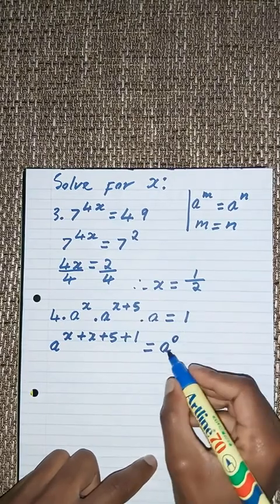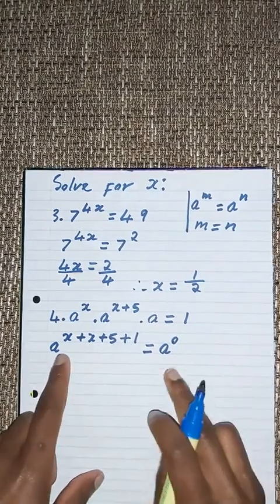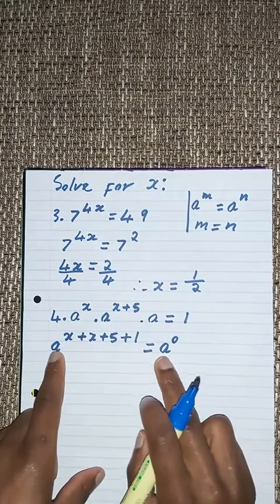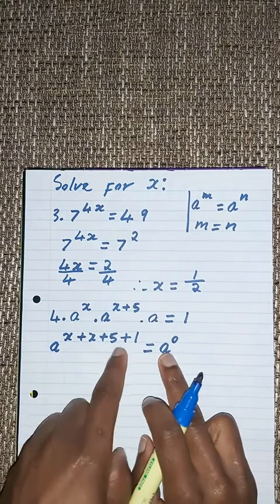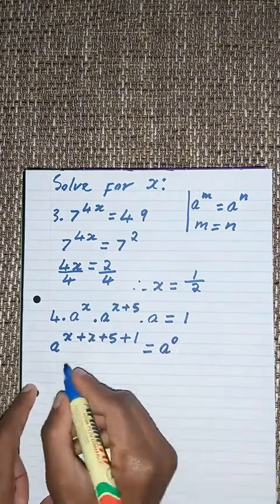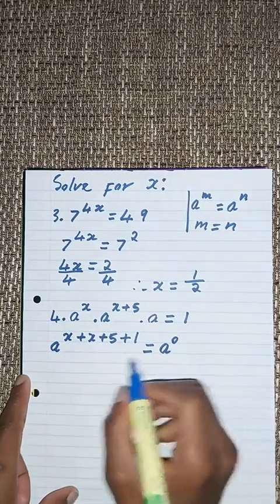So this 1 is actually equal to a to the power of 0. Now that we have similar bases on both sides of the equation, a base of a, it means we can make the exponents of these two similar bases equal to each other.